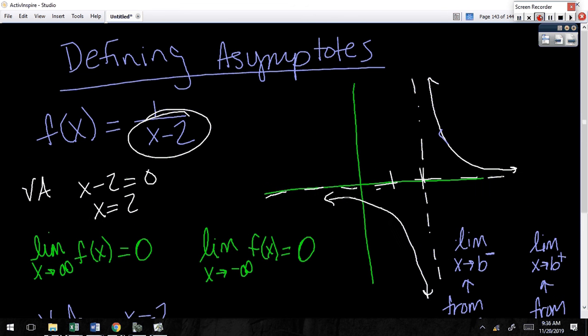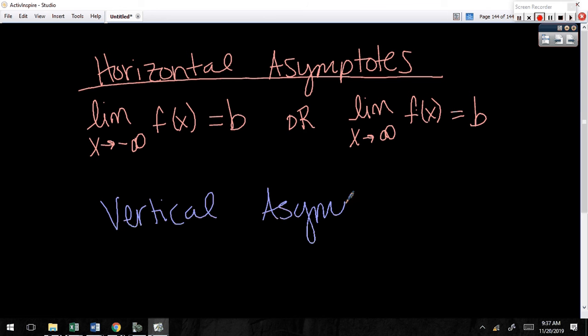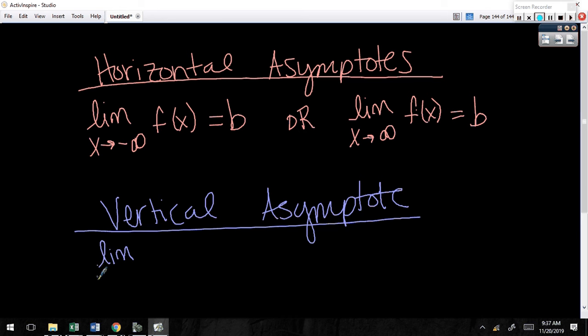So our definition of a vertical asymptote is any time the limit as x approaches some number from the left, if you get positive or negative infinity for that, okay?